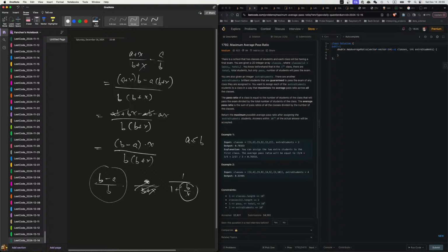Now, the question we have is how do we distribute these extra students, right? How do we distribute? And to distribute, I have a feeling that the answer is you have to give the extra students to just one specific class. Because of the extra earned, right? You give some, you get extra.